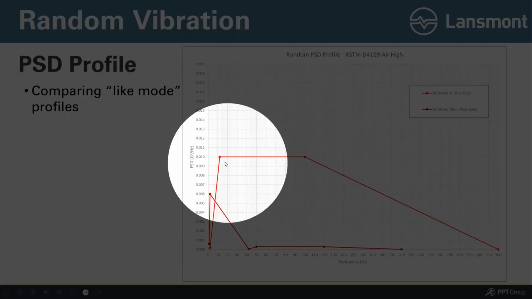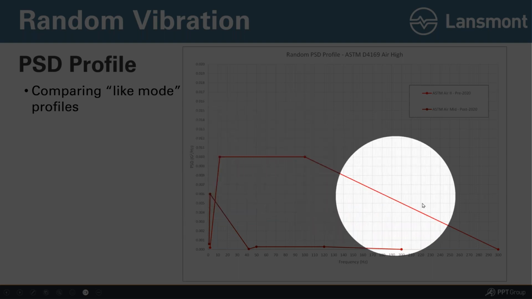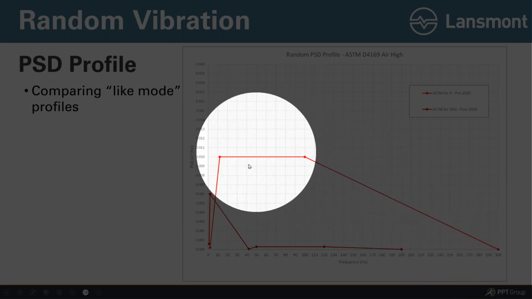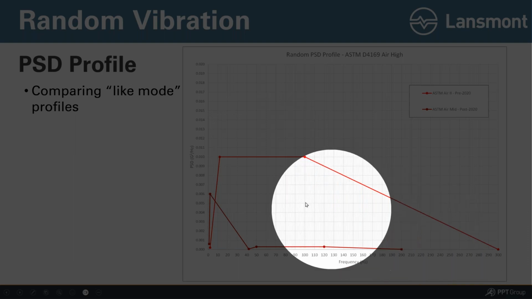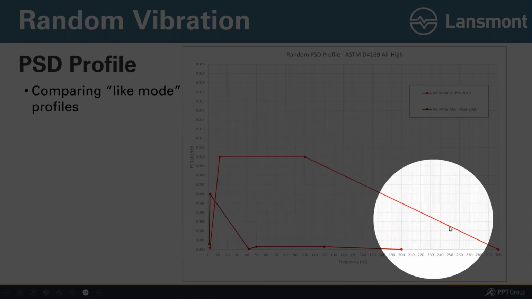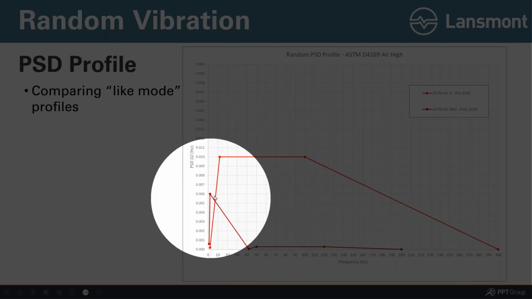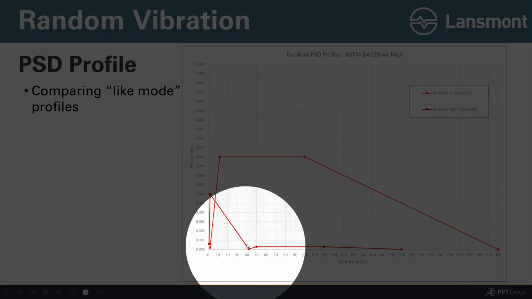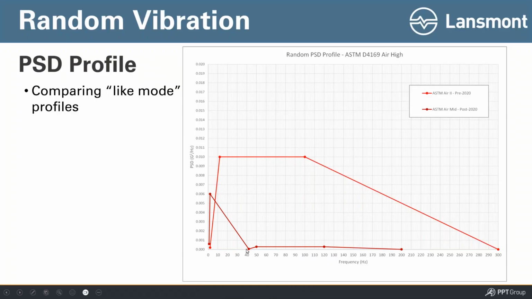This lighter red profile is the older air profile that goes all the way up to 300 hertz, and it has pretty darn high intensity throughout that whole frequency range, as compared to the new one that went into place in 2022. That's a real, dramatic difference in the amount of energy.